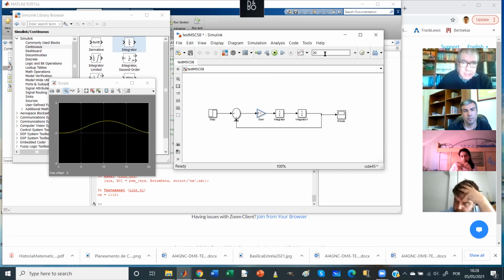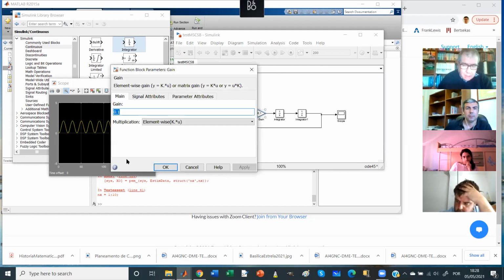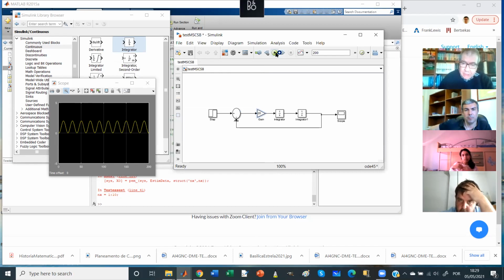So let's do up to 200. Okay, it's oscillating, about 10 times slower. Now, if I increase the gain, what happens? Still oscillating. So instead of 4, I put 20. But now they are faster because your imaginary poles are further away. You see, it's oscillating very fast.